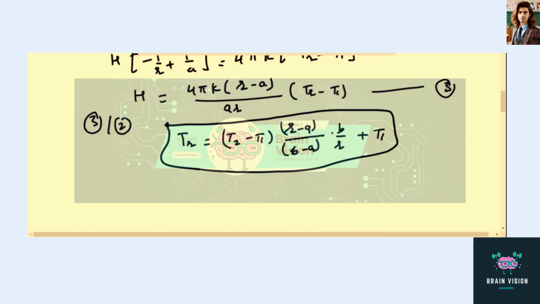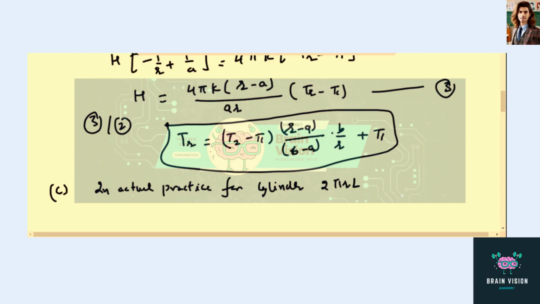C part. In actual practice for cylinder, the area will change. Area will be 2 pi r l.